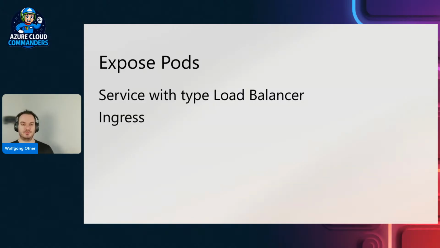Having this one entry point has a lot of advantages. For example, I only need one public IP address where I can have all my DNS records pointing to. I can have monitoring of what's going on. I can have different routing options and everything I want to have in my production environment. But the Ingress comes with a couple of downsides, which we're going to see later.